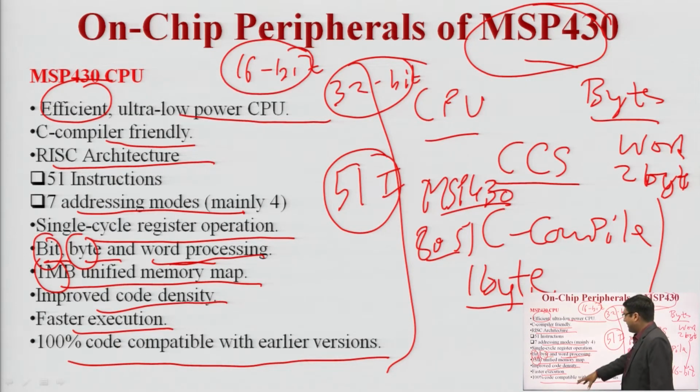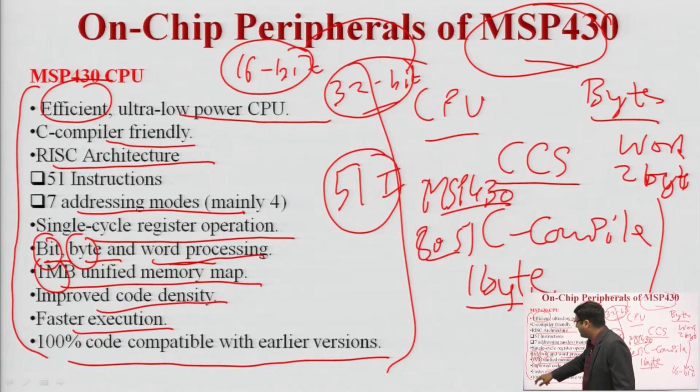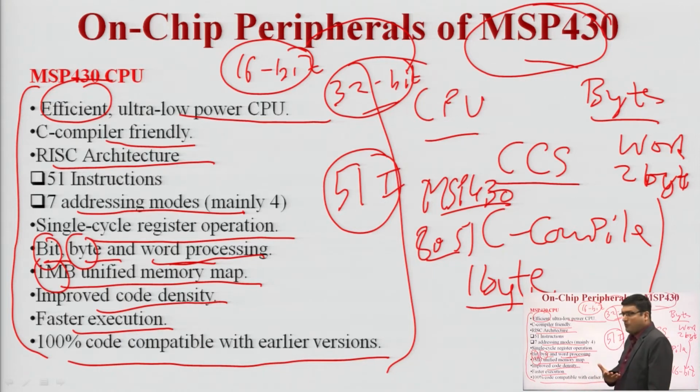So we can say that the code compatibility of MSP 430 in the 32-bit case is compatible with the previous versions. If we are upgrading the MSP 430, there is 100% code compatibility. Okay, so these are the important features of MSP 430 we should know before going into the depth of the topic.